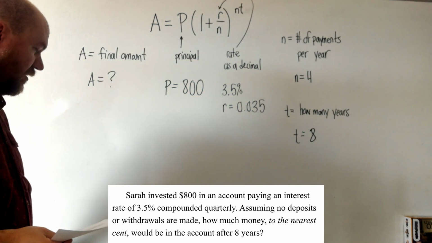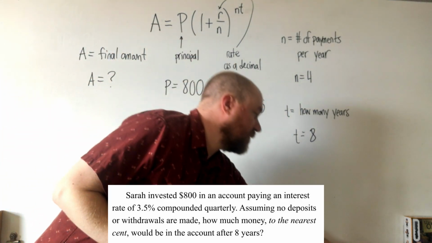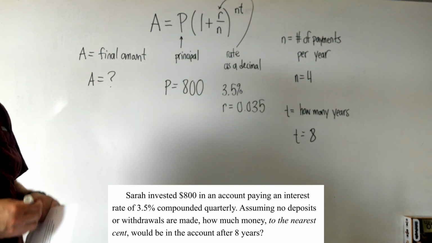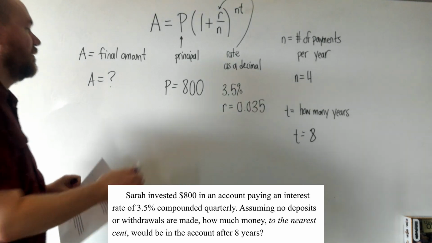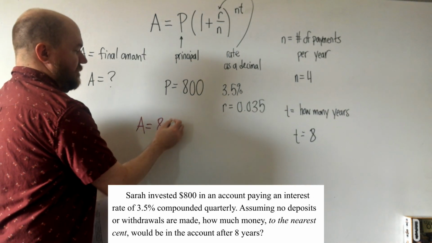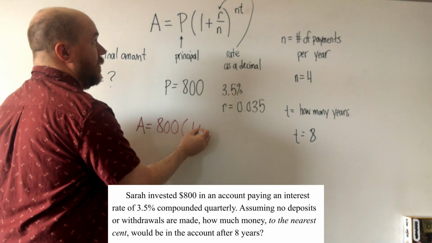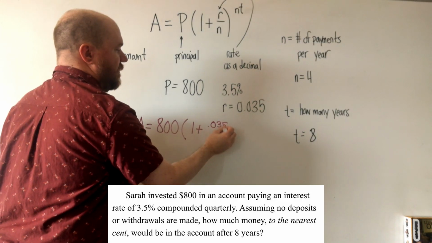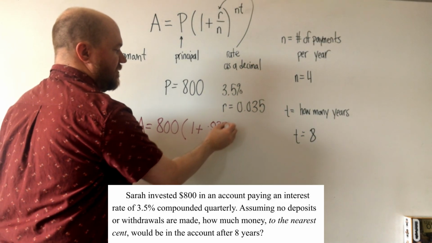So in this question, all we have to do is put all those numbers into the formula. We don't have to manipulate it at all. We don't have to do anything special. So we're just going to do A equals principal, parenthesis, 1 plus the rate, which was 0.035, divided by 4 times a year.